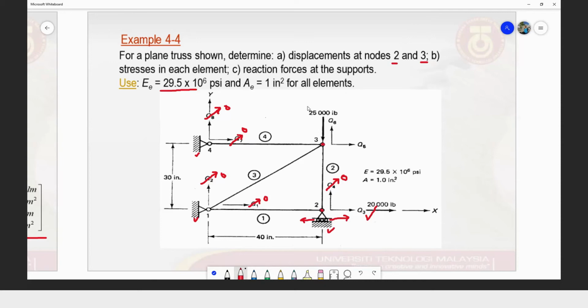Under the given load of 25 pounds pointing at node number 3 in the downward direction, and 20,000 pounds applied at node number 2 in the x direction, we expect there will be changes in the locations of nodes number 2 and 3 after the load is applied to the structure.